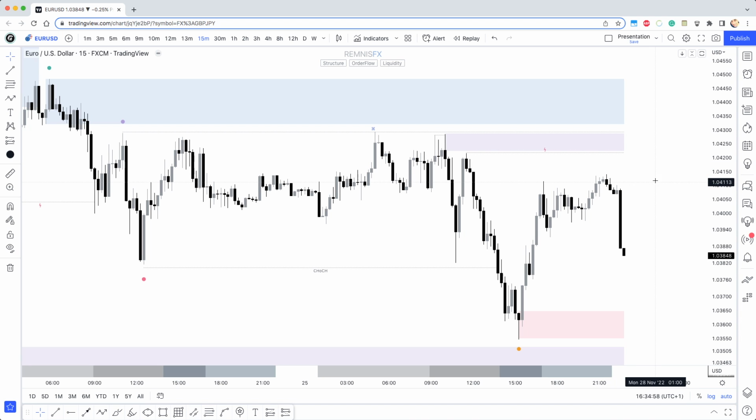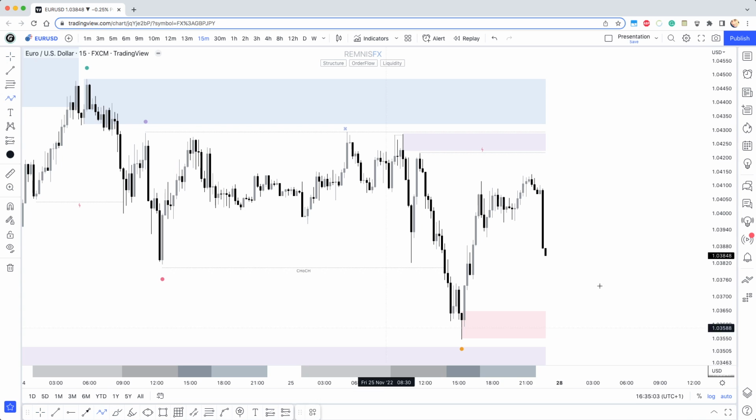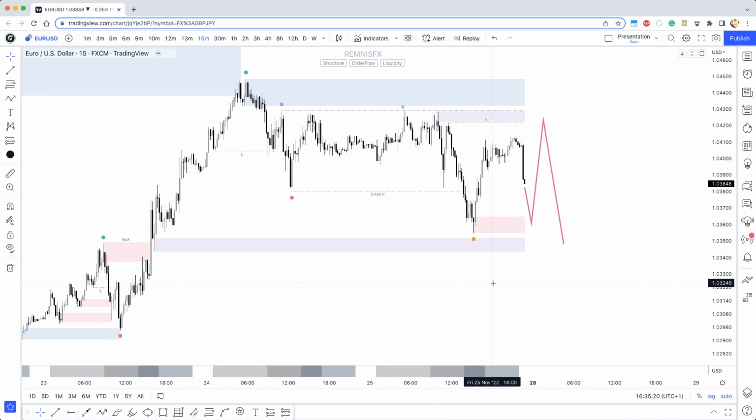So very important, because now, like I said before, price may as well do something like this, take out the inducement here, and from there it might continue down to perhaps this area.